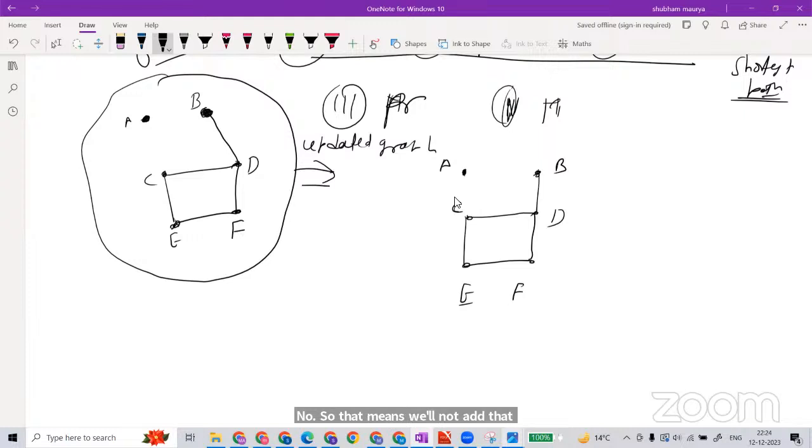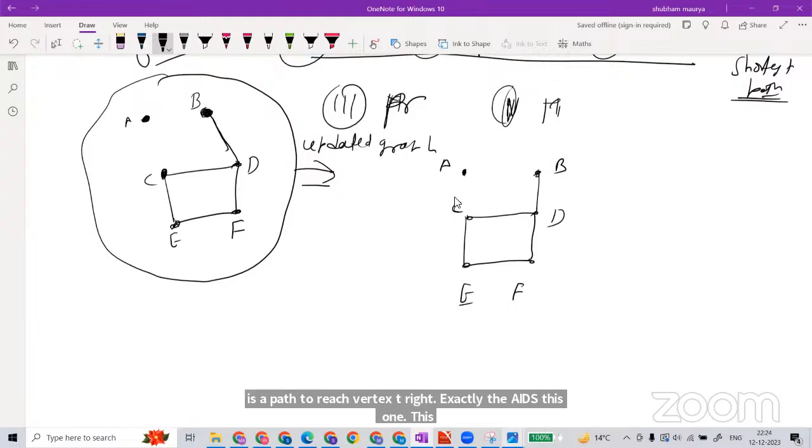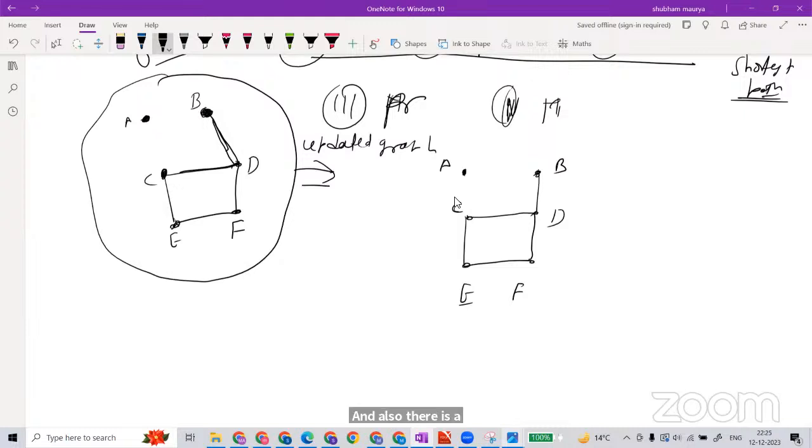Let's do it with vertex B, it will be clearer. If you take vertex B, there is a path to reach vertex D, exactly this edge. Also there is a path from vertex B to vertex C, this path. That means the path is available, so I will add this.